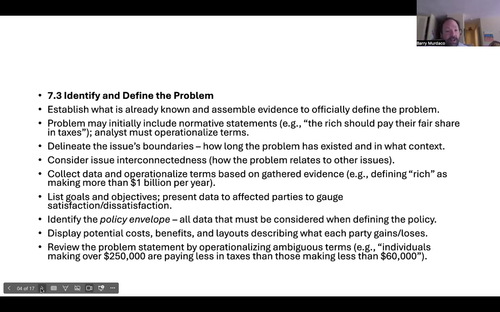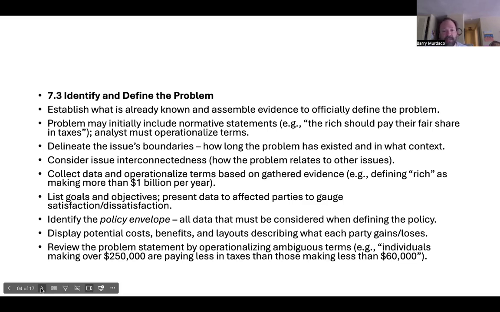In fact, list goals and objectives, present data to affected parties to gauge satisfaction or dissatisfaction, identify the policy envelope, all data that must be considered when defining the policy, display potential costs, benefits, and layouts describing what each party gains and loses.